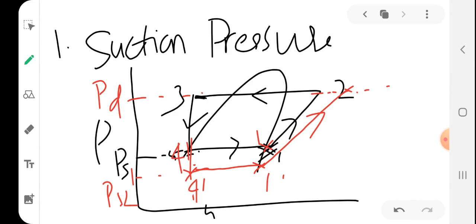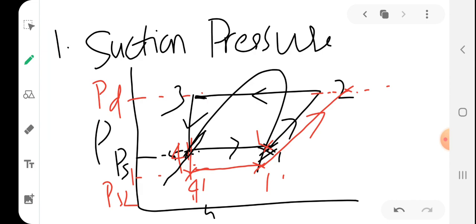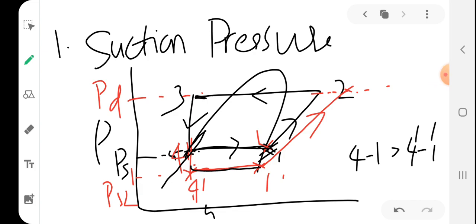Now it is 4 dash to 1 dash. This is the dome. So you can see that 4 to 1 is a bit greater than 4 dash to 1 dash, right? So this amount is a little bit lesser than this amount.